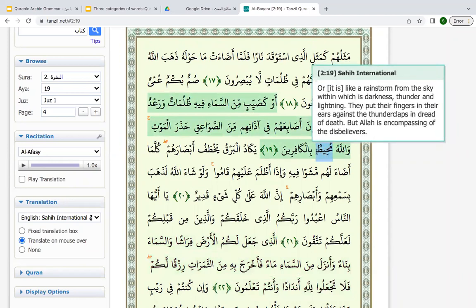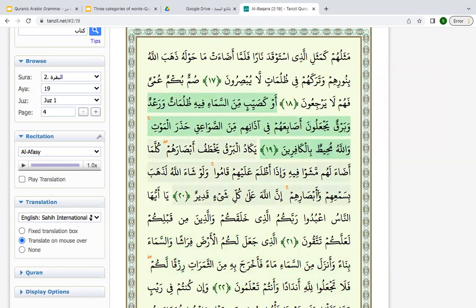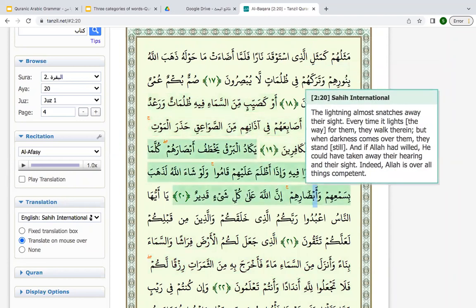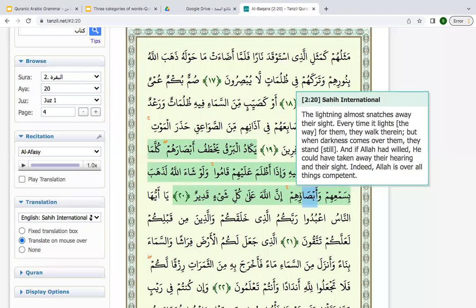Muhitun. Okay. Absar. Now, let me tell you the meaning. Absar means eyes. So why are we going to treat them as feminine?